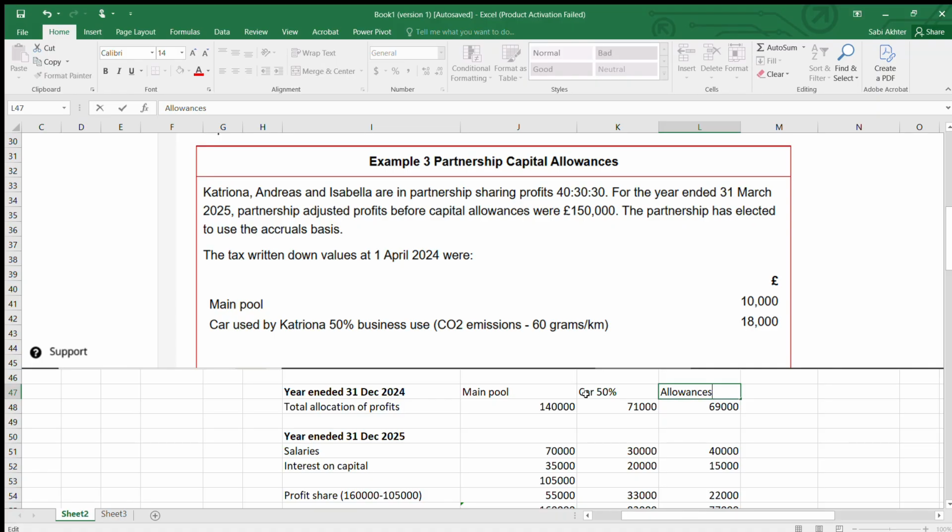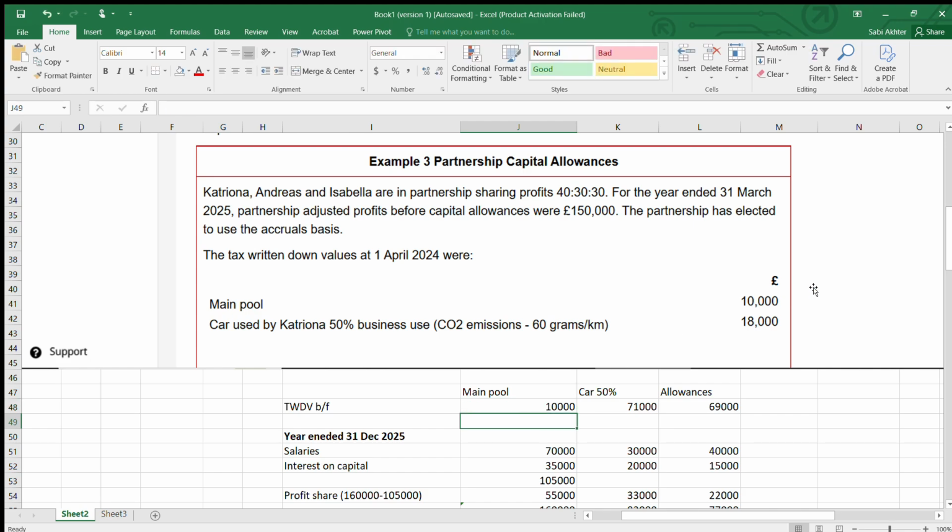Now start with your brought forward balance. You start with the tax written down value brought forward in the main pool, which is 10,000 they have given, and 18,000 for the car.